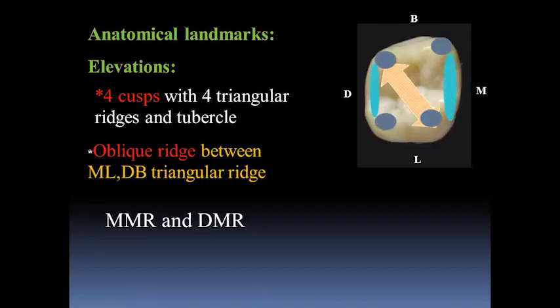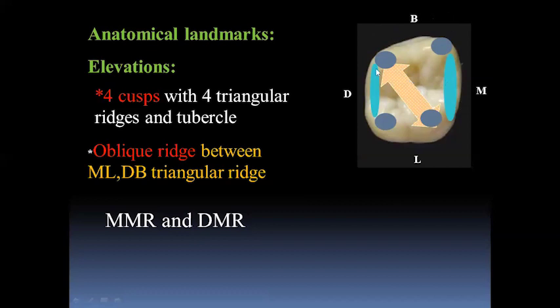Anatomical landmarks, elevations. Four cusps: mesiobuccal, distobuccal, mesiolingual, and distolingual, and the cusp of Carabelli. Four triangular ridges and a tubercle. The oblique ridge lies between the mesiolingual and distobuccal triangular ridges.